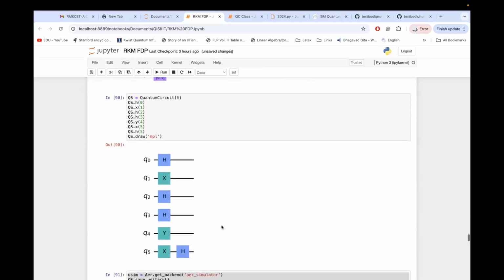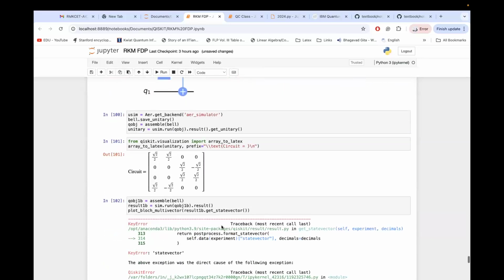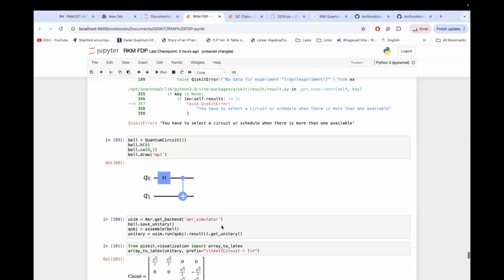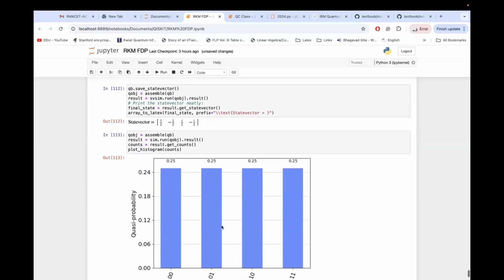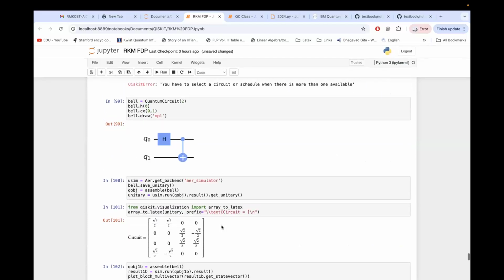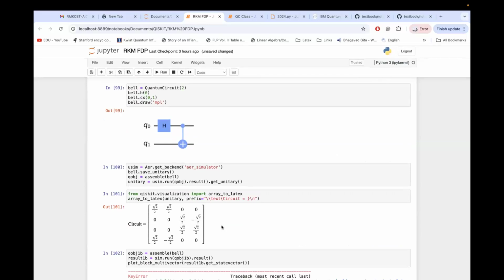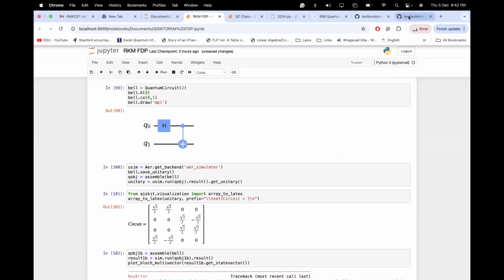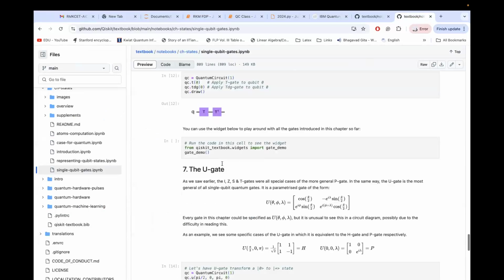For example, if you are working with some complex circuits, the matrix dimension is going to be larger and larger, and the number of elements involved in that unitary operator is going to be very large. Even in that case, just use this array to LaTeX command to get the final unitary operator associated with it. So these are the things we can learn.